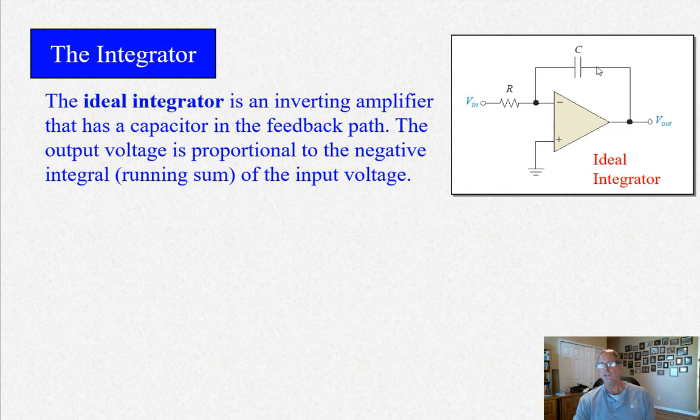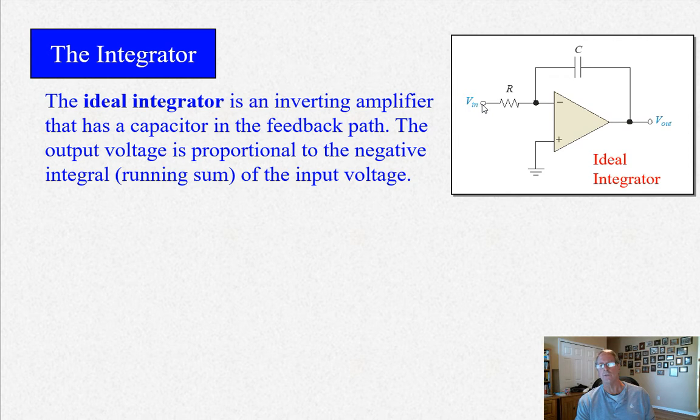And when that happens, it charges the capacitor. It charges at a constant rate because it's a constant current. And as a result, the voltage across that capacitor climbs at a constant rate. So you get a ramp, okay? So again, we have this capacitor in the feedback path that's getting charged at a constant rate, and it ends up basically being the running sum of that voltage.